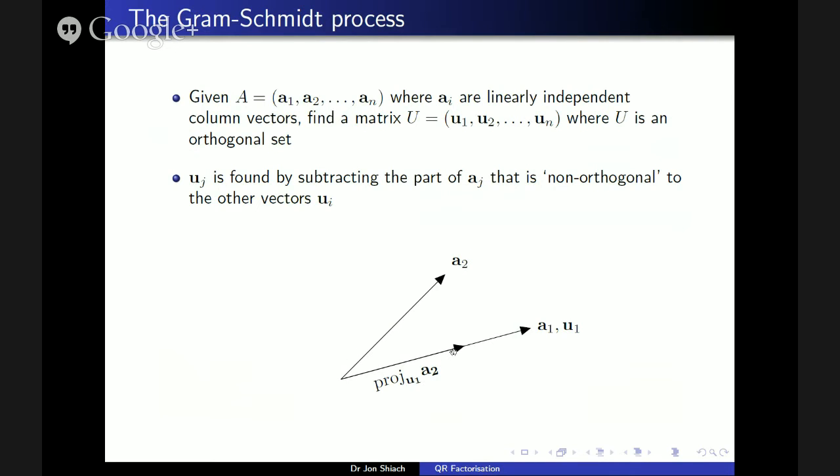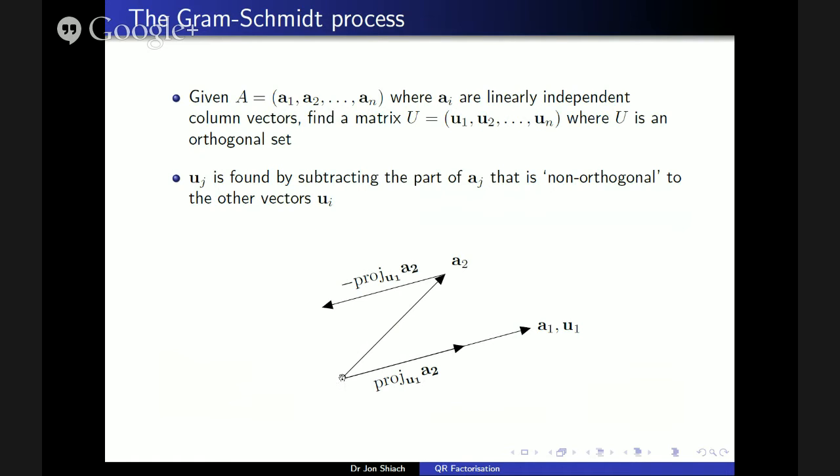And what I'm going to then do is subtract this projection from A2. So that's simply A2 minus the projection of A2 onto U1. This then gives me the vector U2.